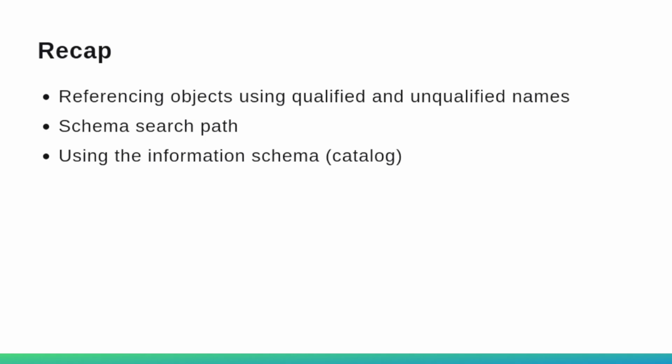We talked about how to reference objects using qualified and unqualified names, and we described how the database is using the search path to resolve unqualified names. We also described different use cases of when this might be useful. And finally, we talked about metadata tables, the catalog that we have in every database, data about our data.